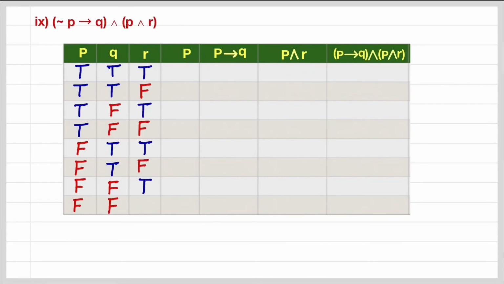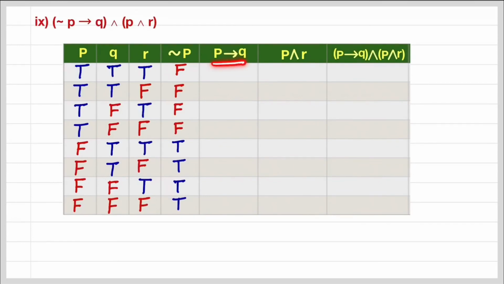That means alternately true, false, true, false. These are the 8 options for 3 statements. Now negation of P. When a statement is true, its negation is false, and when a statement is false, its negation is true. 4 values false and then 4 values true.